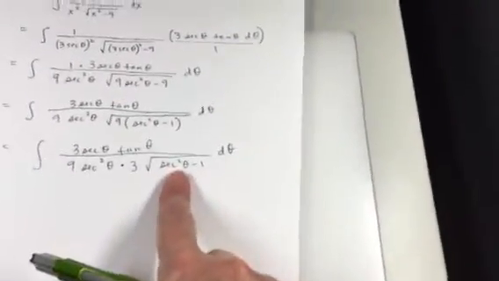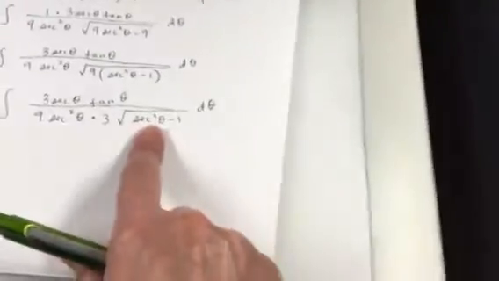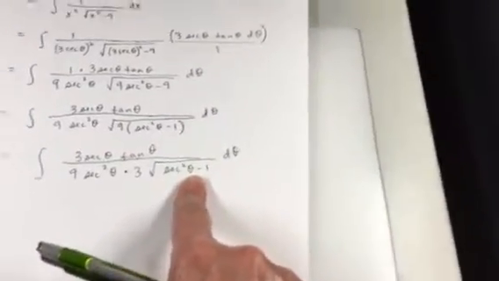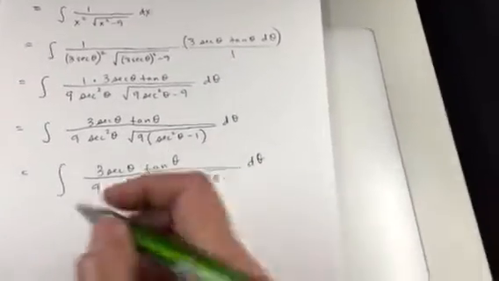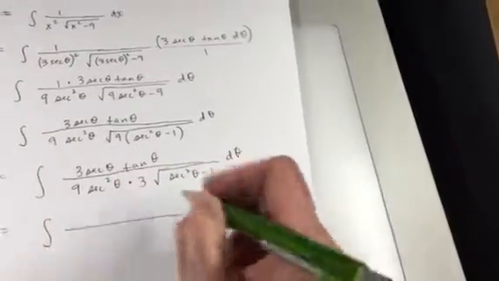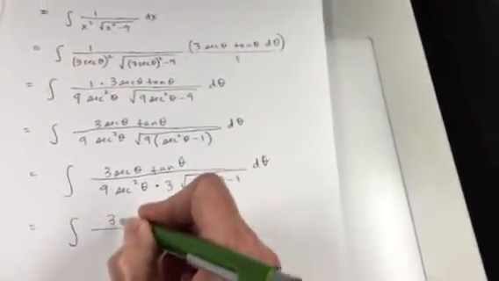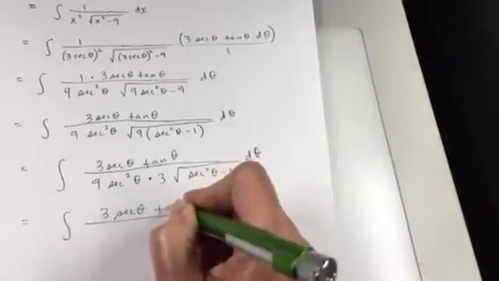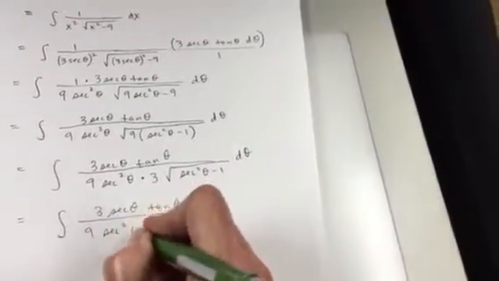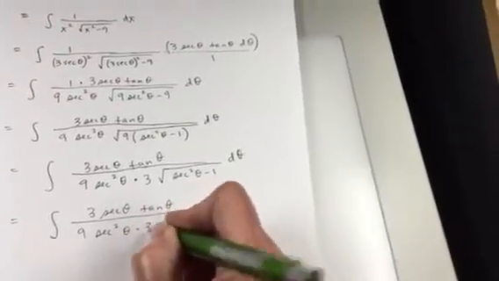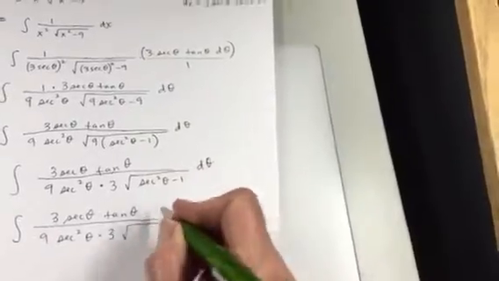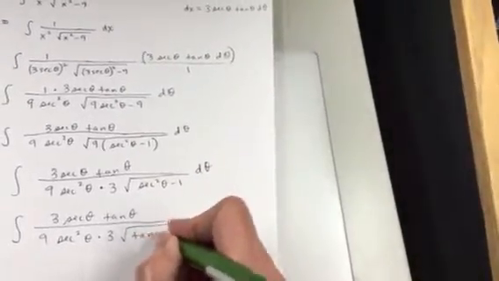Here's your identity. Secant squared theta minus 1 equals what? Tangent squared theta. So I'm going to have 3 secant theta tangent theta on the top, 9 secant squared theta. I should have multiplied 9 times 3, but I didn't. Well, we'll deal with it later. Secant squared theta minus 1, that's tangent squared theta.